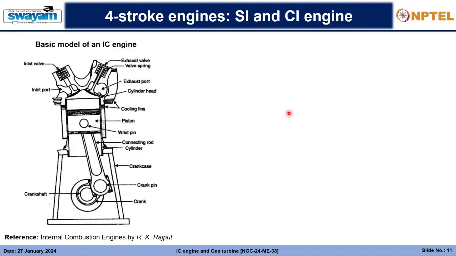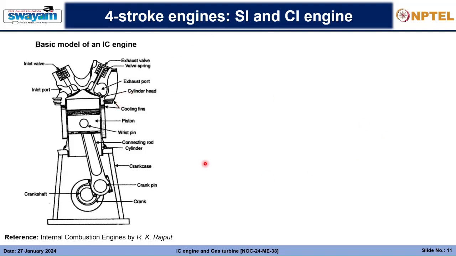The diagram I am showing here is for a four-stroke engine, but please keep in mind that a two-stroke engine can also have spark ignition and compression ignition, because the ignition is independent of how many strokes you have.